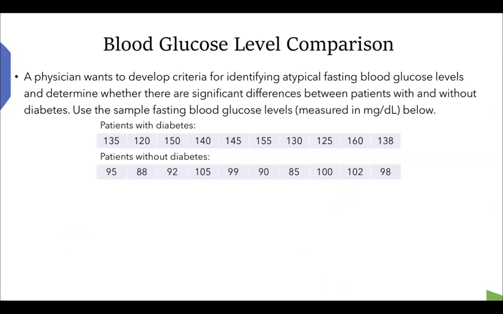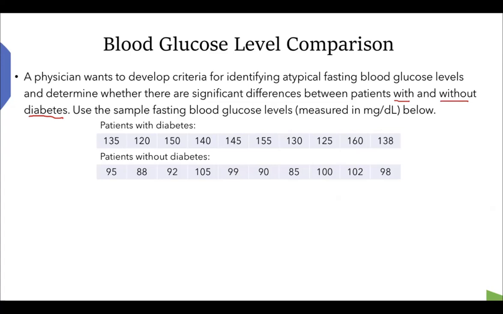So let's read the scenario. A physician wants to develop criteria for identifying atypical fasting blood glucose levels and determine whether there are significant differences between patients with and without diabetes. Use the sample fasting blood glucose levels measured below.